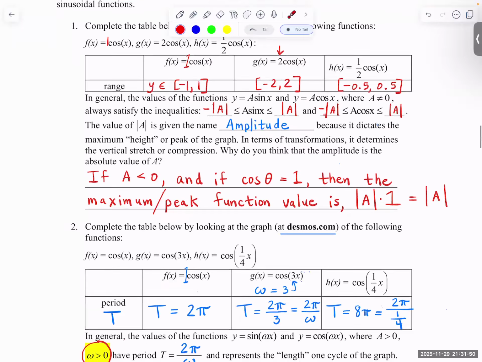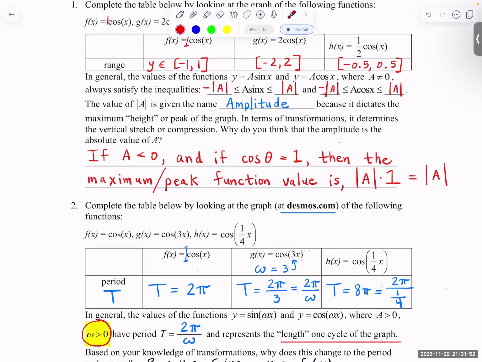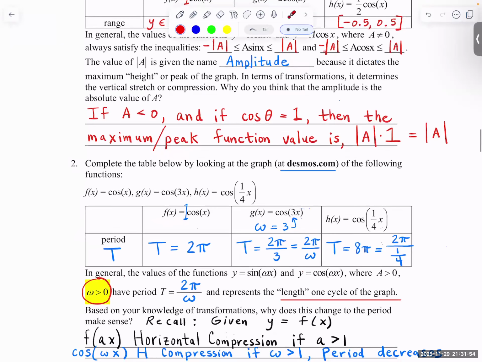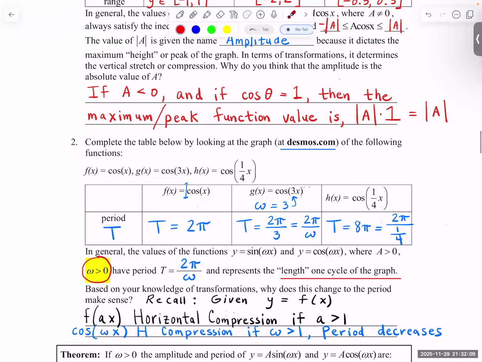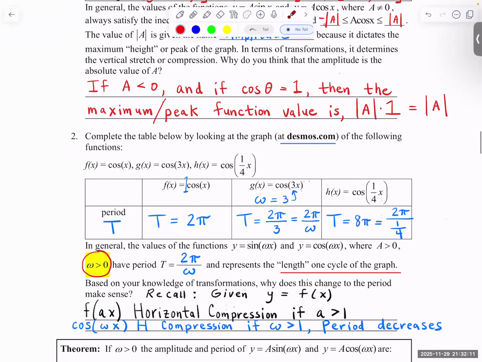2. Complete the table below by looking at the graphs at Desmos of the following functions. So function f is the basic cosine function, coefficient of 1, and omega in the argument is 1, since that's 1 times x. Function g is cosine of 3 times x, so omega is +3.